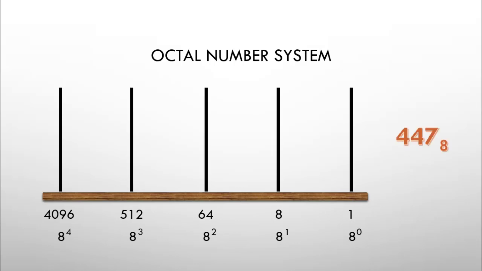When representing a number, let's say 447, the last digit is 7, so I will be using 7 beads to represent it here. And the next digit is 4 beads for 8 and 4 beads for 64.